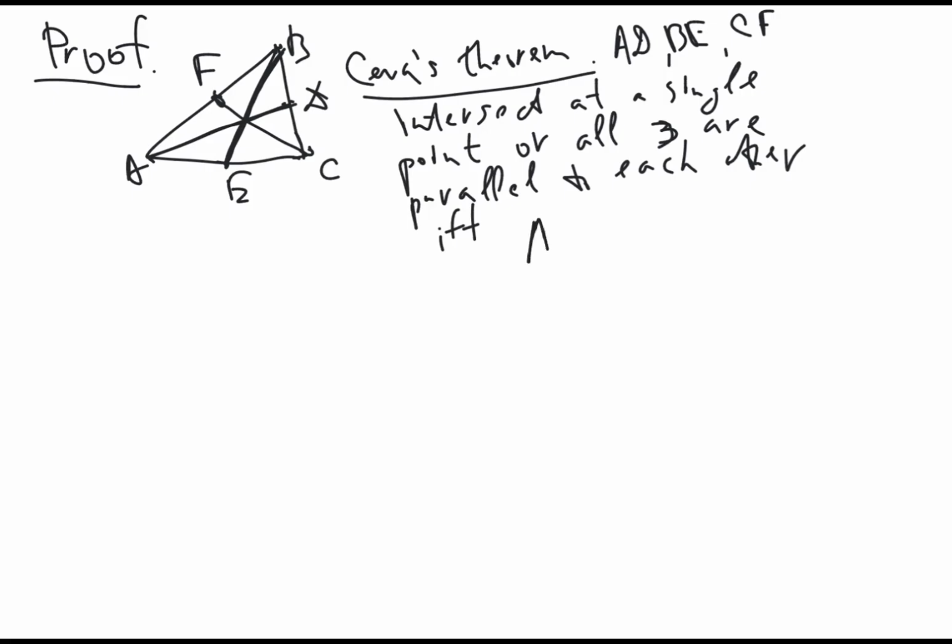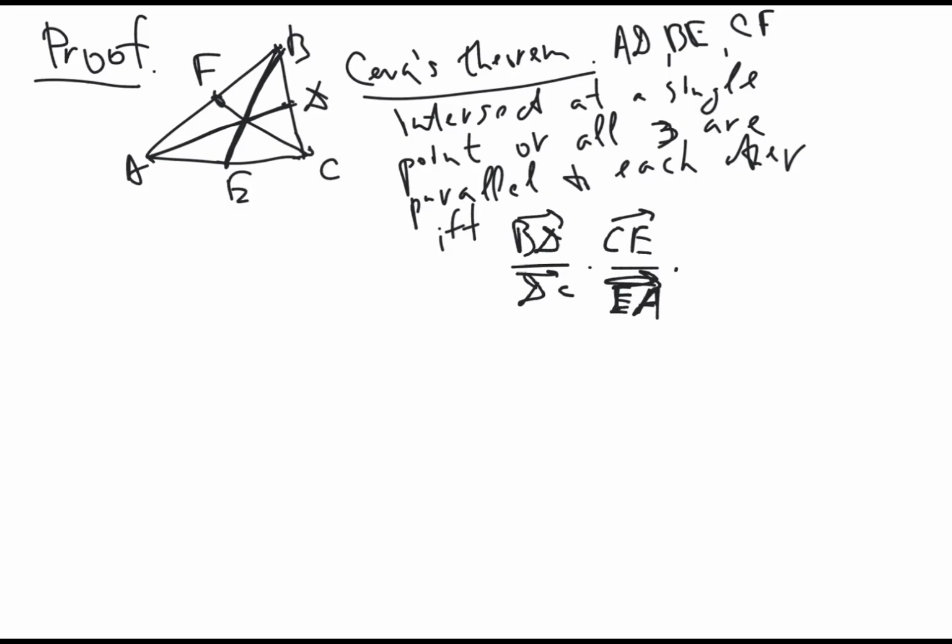So we start with some point and we go clockwise. So let's say BD over DC multiplied by CE over EA. It's the vectors here, so the ratio is signed.